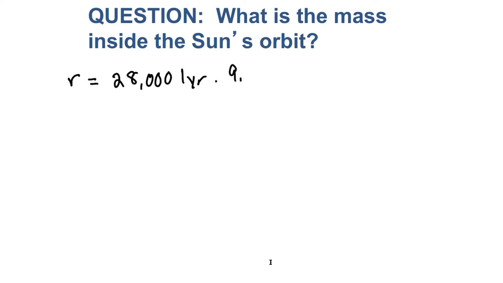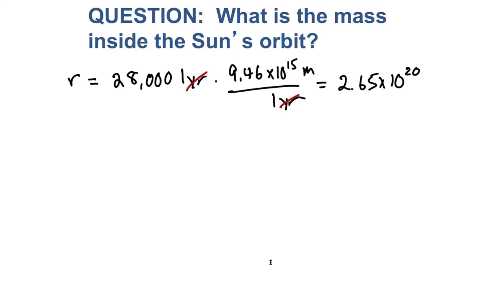There are 9.46 or so times 10 to the 15 meters in 1 light year. So those cancel out, and if I multiply those two numbers together, I get 2.65 times 10 to the 20 meters. That's how many meters it is from us to the center of the galaxy. It's a lot of meters.